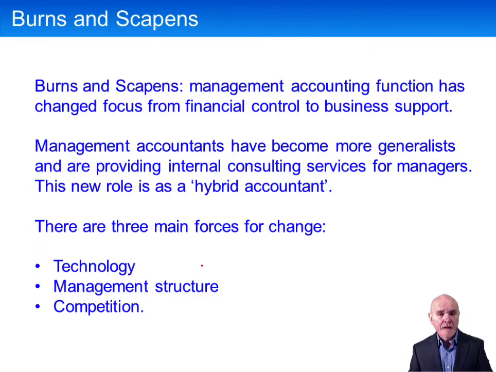It used to be rather much the management accountant was someone who would record costs and do variance analyses and produce operating statements. Now the management accountant has much more to do with helping management plan for the future. It's now very much moved, as it says, from financial control to business support.